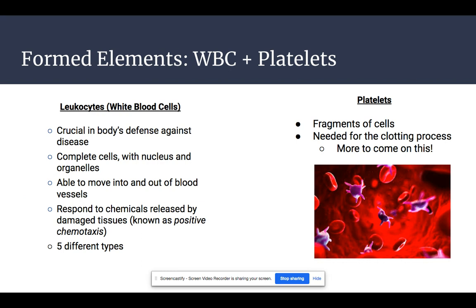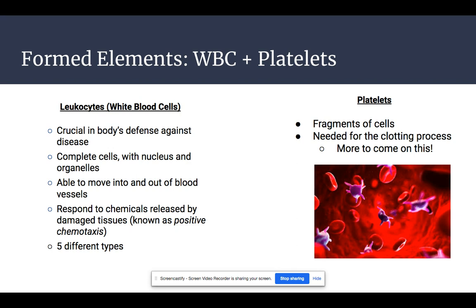All right, so moving on to the last two formed elements of the blood, we have the white blood cells, also known as the leukocytes, as well as the platelets. So white blood cells, and I know a lot of you talked about this in your coronavirus projects as well, but we know that they're crucial in the body's defense against disease.